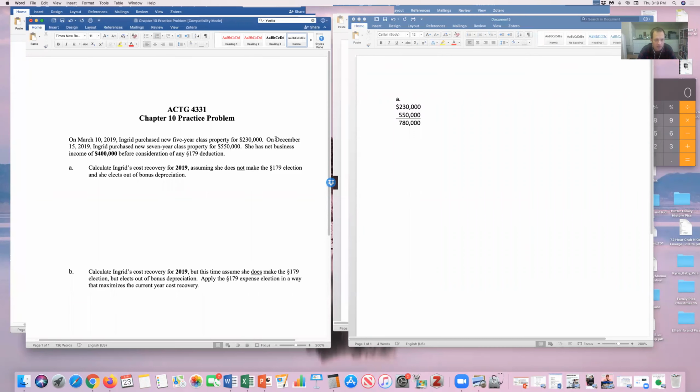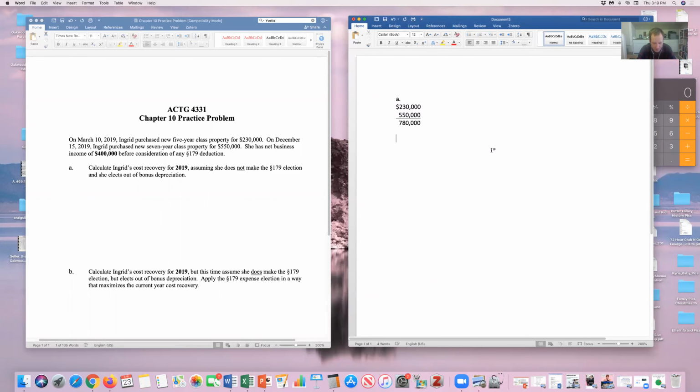If the problem doesn't tell us about an asset being placed in service, we can just assume that when they purchased it is when they placed it in service. This one was December 15th, so that's definitely the fourth quarter: October, November, December. So that 550,000 out of 780,000 total was in the fourth quarter.